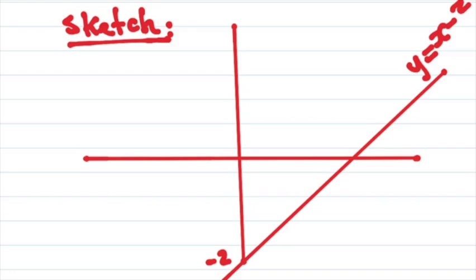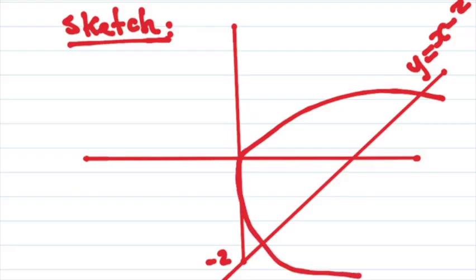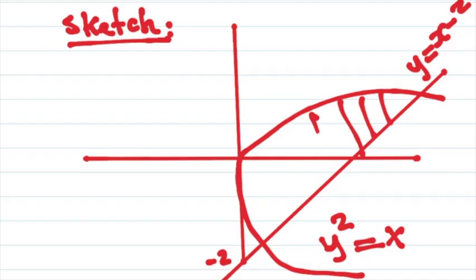Then we're gonna have the parabola now. The parabola will go like so, and this is y squared is equal to x. Now the region we need to find the area for is this region.